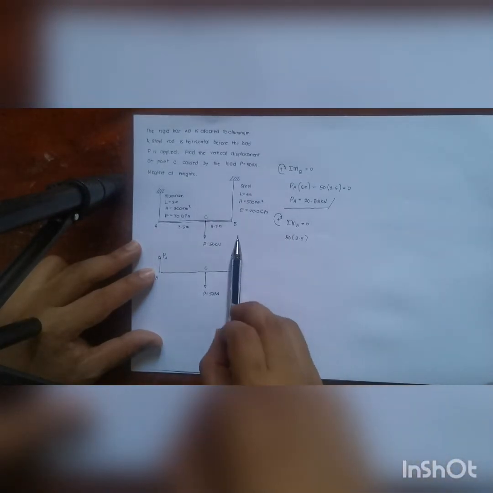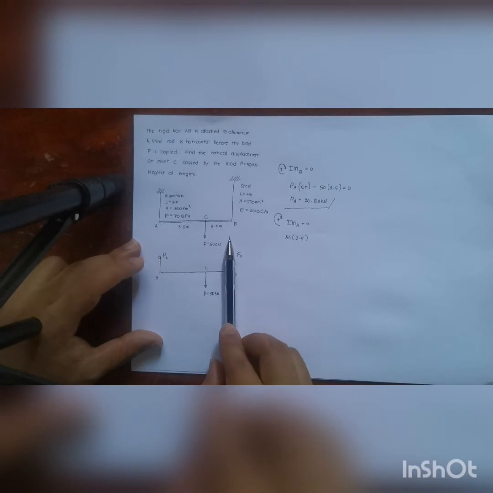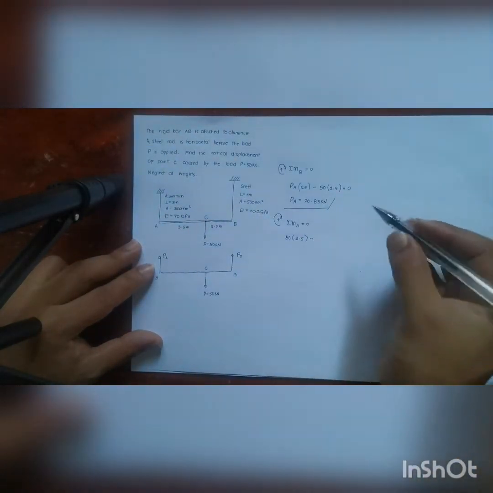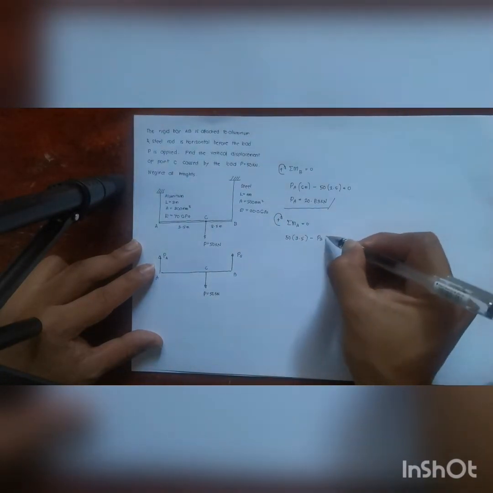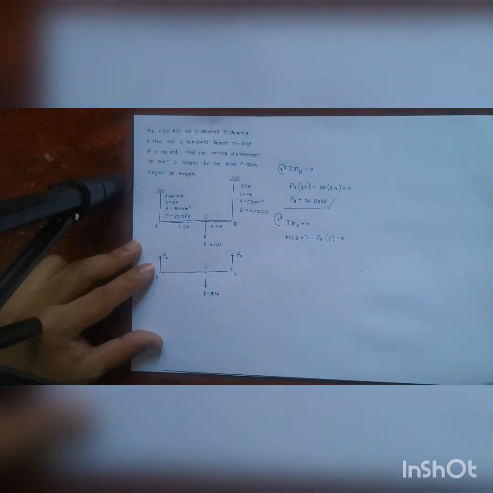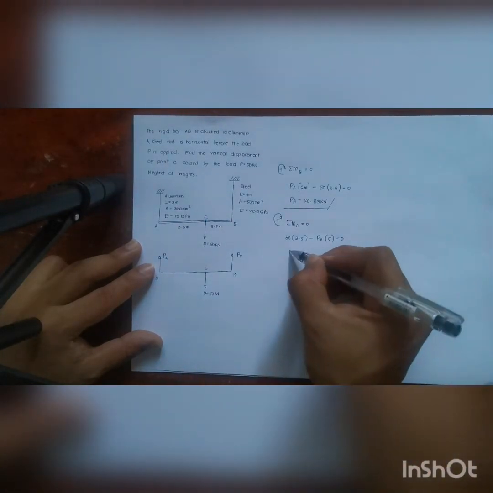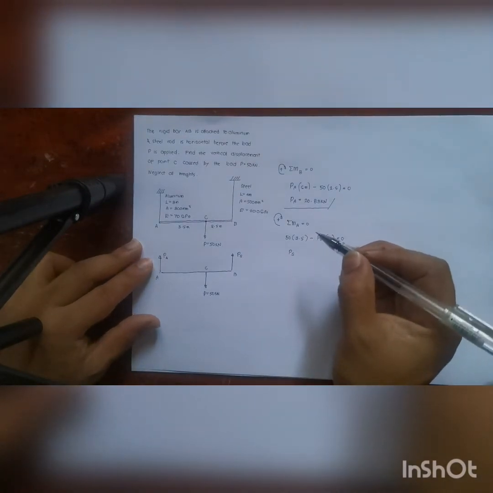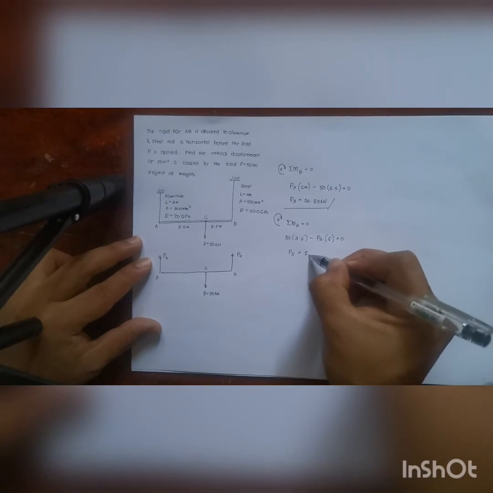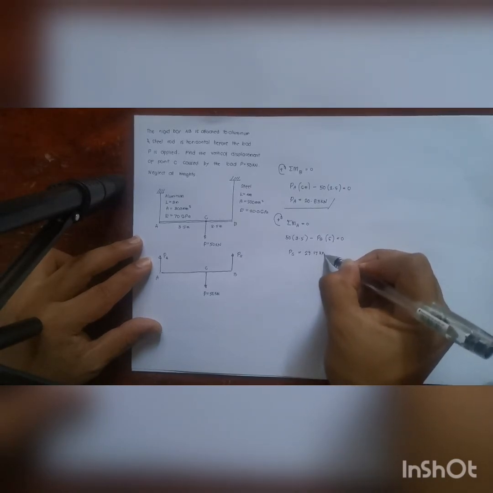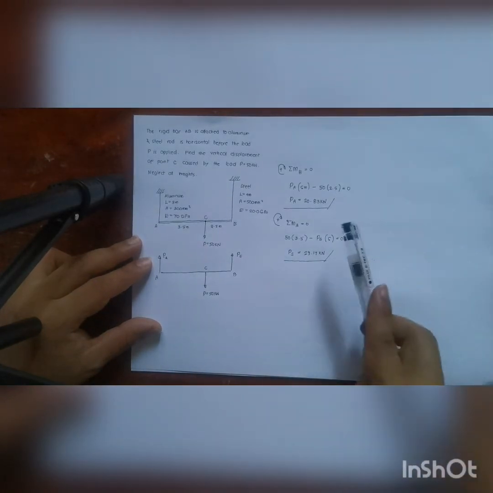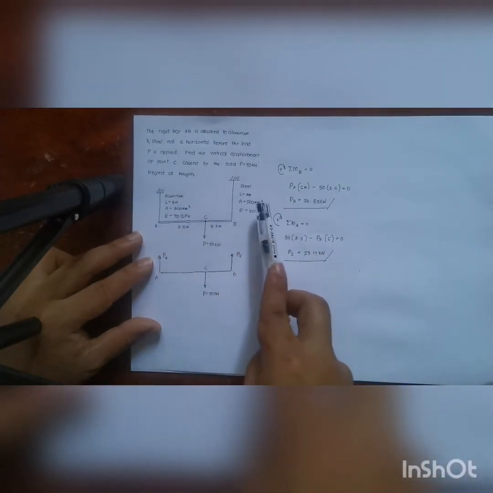Yung load kay steel, papunta kay point A, ang galaw po ay counterclockwise. So that is negative moment. So load in steel multiplied by a vertical distance of 6 meters equivalent to 0. So solving for the load applied in steel, we will get a value of 29.17 kilonewtons. So, meron tayong mga load kay aluminum tsaka kay steel.